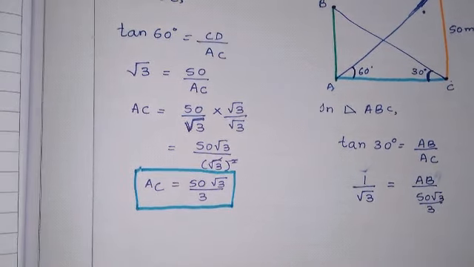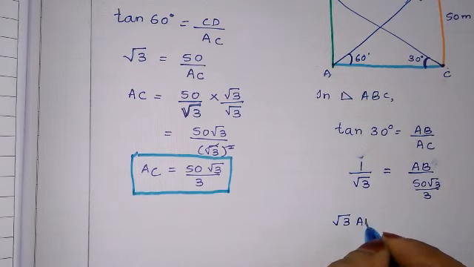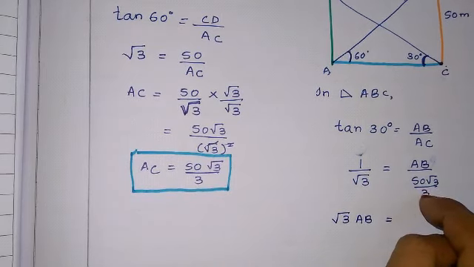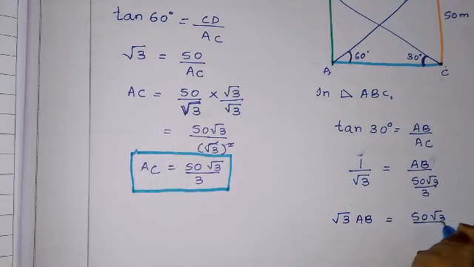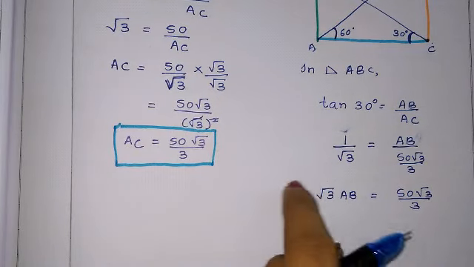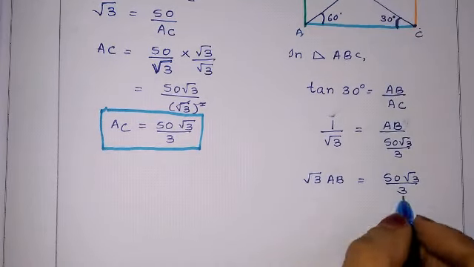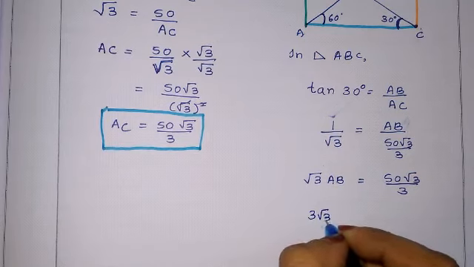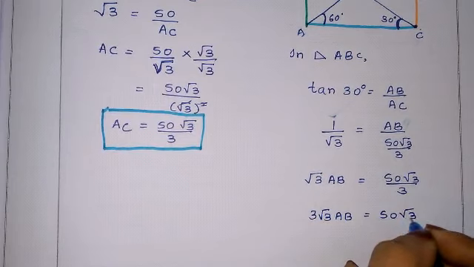Let us cross multiply now. Root 3 into AB, root 3 AB, is equal to 50 root 3 upon 3 into 1, is 50 root 3 upon 3. Now we can see here this 3 will come and multiply here. 3 into root 3. Divide will become multiply. 3 root 3 AB is equal to 50 root 3.